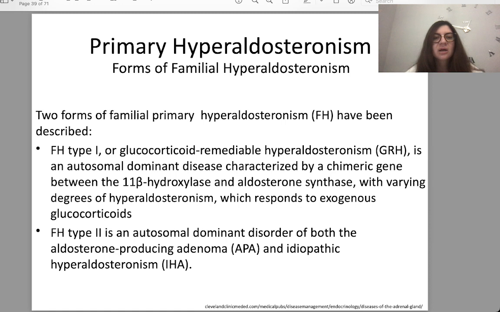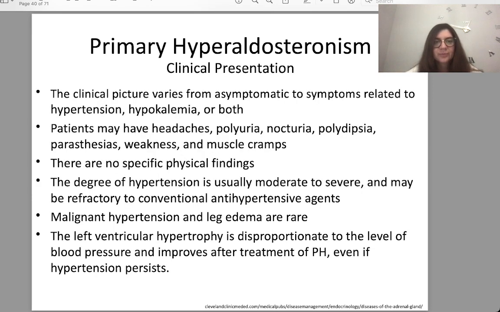And familial hyperaldosteronism type 2 is an autosomal dominant disorder of both the aldosterone-producing adenoma and idiopathic hyperaldosteronism.